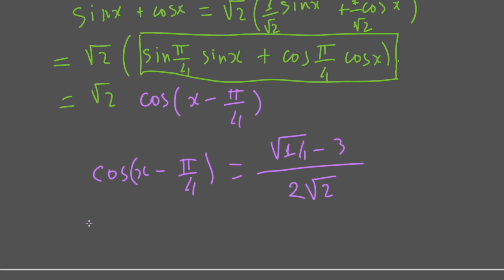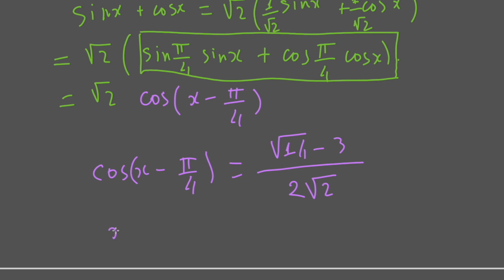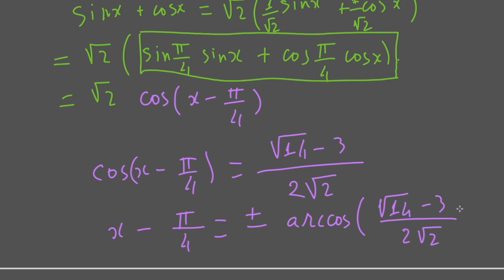Then it means x minus pi over 4 will equal positive or negative inverse cosine of this value plus k times pi.